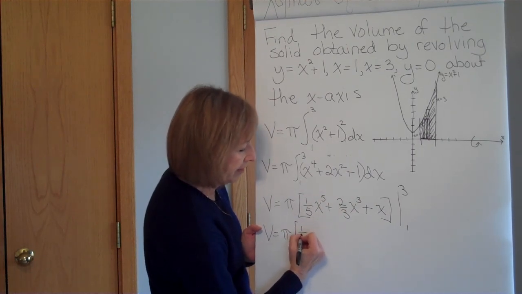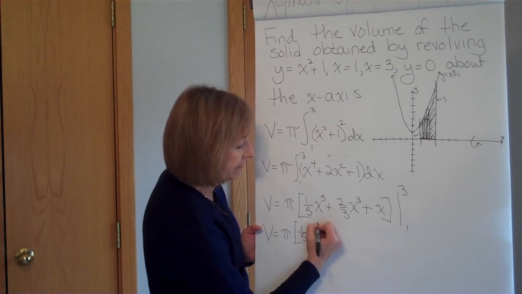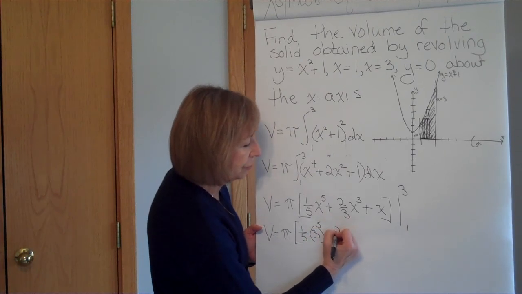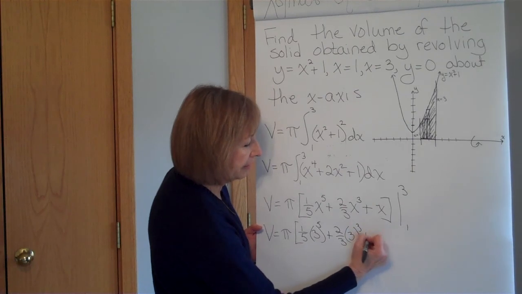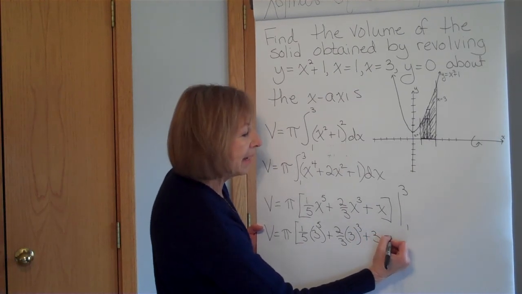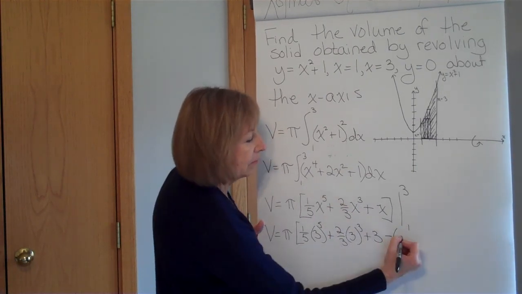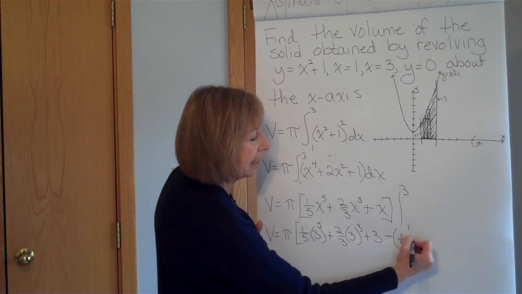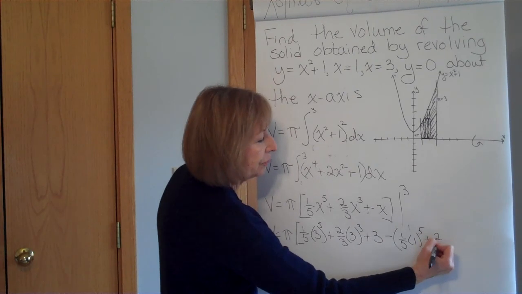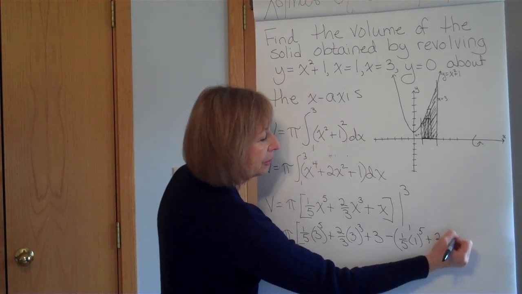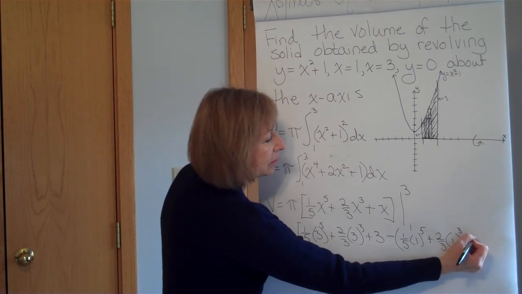So it's 1/5 times 3 to the 5th plus 2/3 times 3 cubed plus 3, then minus, in parentheses, 1/5 times 1 to the 5th plus 2/3 times 1 cubed plus 1.